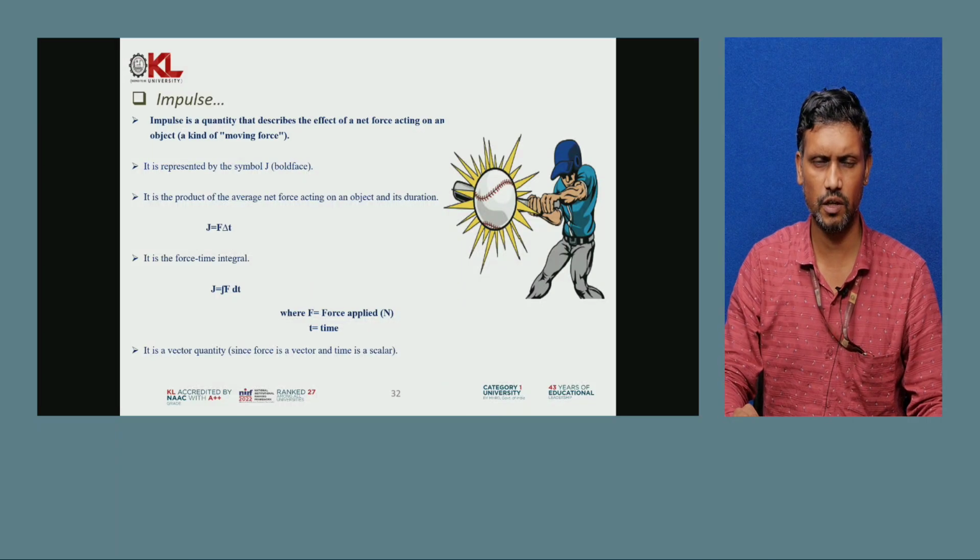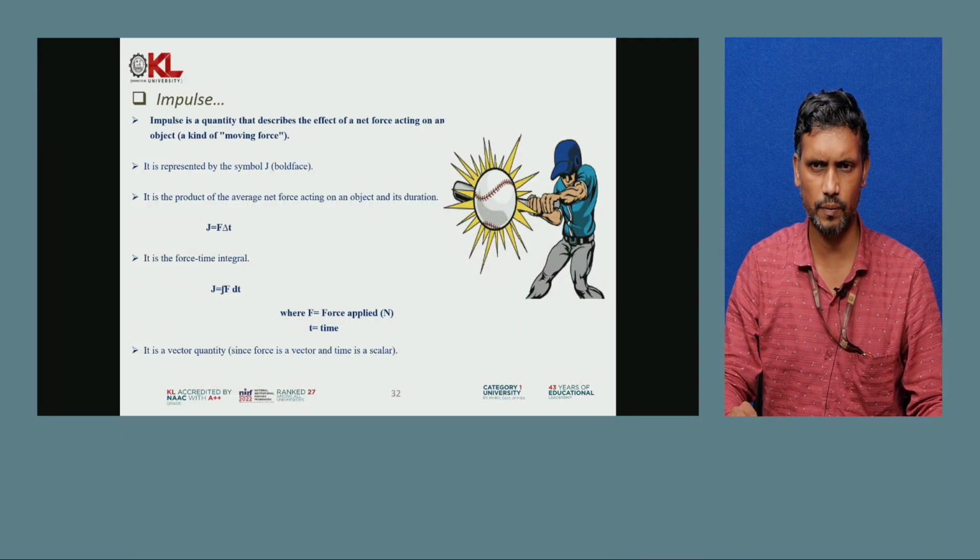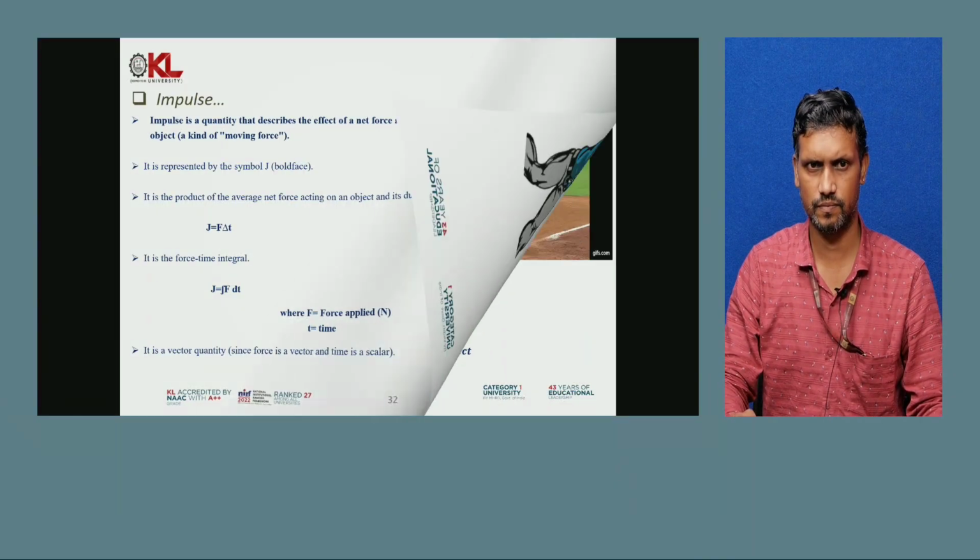When you are hitting a ball with a bat, the contact period between bat and ball is very small, but the force applied is very large. So force into a very small time will give you impulse.